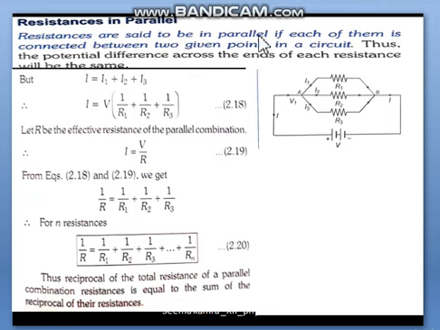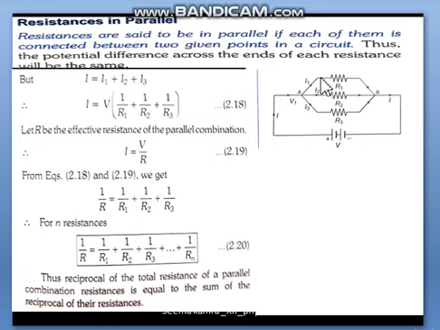Resistances are said to be in parallel if each of them is connected between two given points in a circuit. So the meaning is, suppose R1, R2 and R3, three resistances, are connected in such a manner that all three resistances have both ends common.